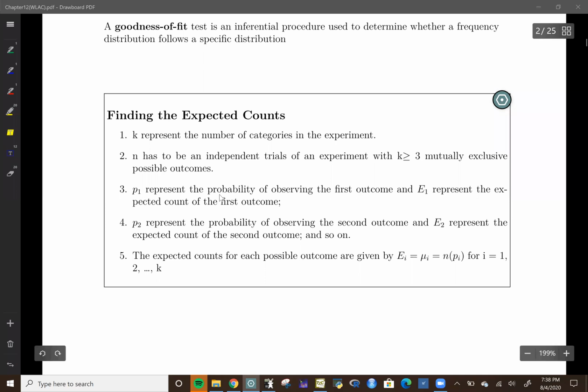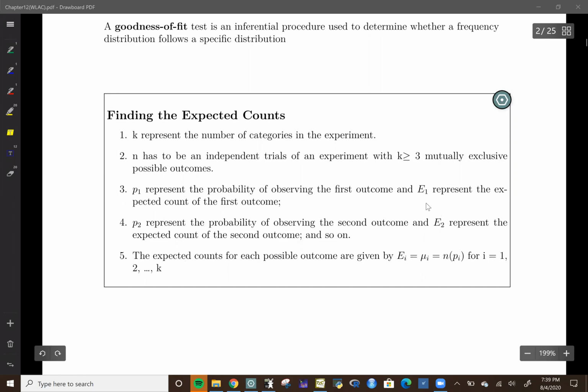P1 represents the probability of observing the first outcome, and E1 represents the expected count of the first outcome. P2 represents the probability of observing the second outcome, and E2 represents the expected count of the second outcome, and so on.